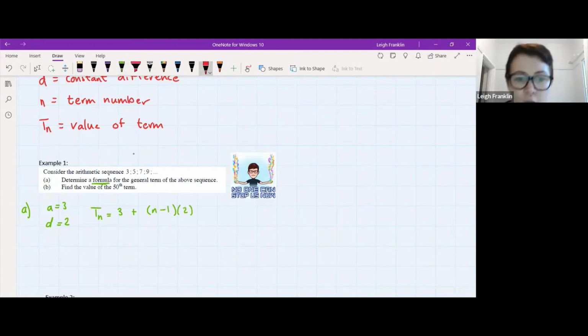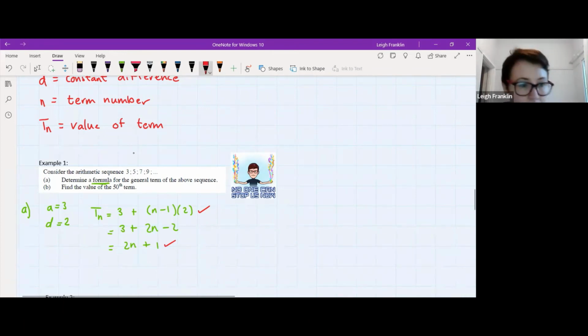Now you sub in, and then you've got to simplify. So 3 plus multiplying the 2 into the brackets gives us 2n minus 2. And our final answer is going to be 2n plus 1. Okay, so there's our nth term for the pattern. Easy peasy.